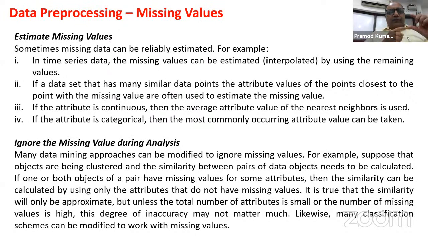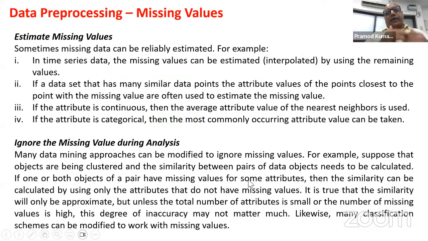If in one of the objects one attribute value is missing, you do not consider this attribute, and instead of 20 attributes, use only 19 attributes to find the Euclidean distance. Definitely, this 19-attribute Euclidean distance will not be perfectly accurate, but obviously only one attribute has been removed, so it will not create a lot of problems. That is basically ignoring the missing value during the analysis, if it is possible.